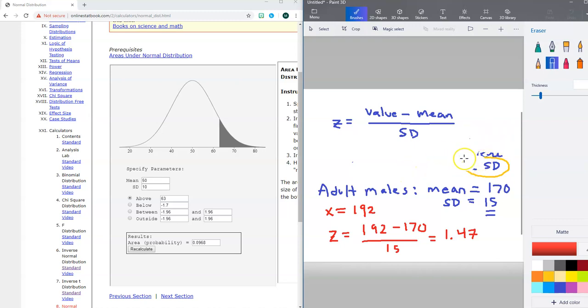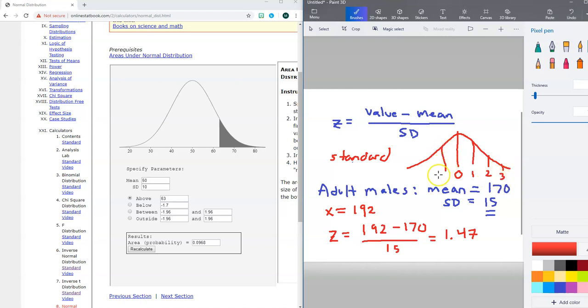The z-score in the middle would be a 0. This is called the standard normal distribution, and that just means assuming all values are converted to z-scores. So the standard normal has a z-score of 0 in the middle, and then we put the 1, the 2, the 3, and so forth, -1, -2, -3.